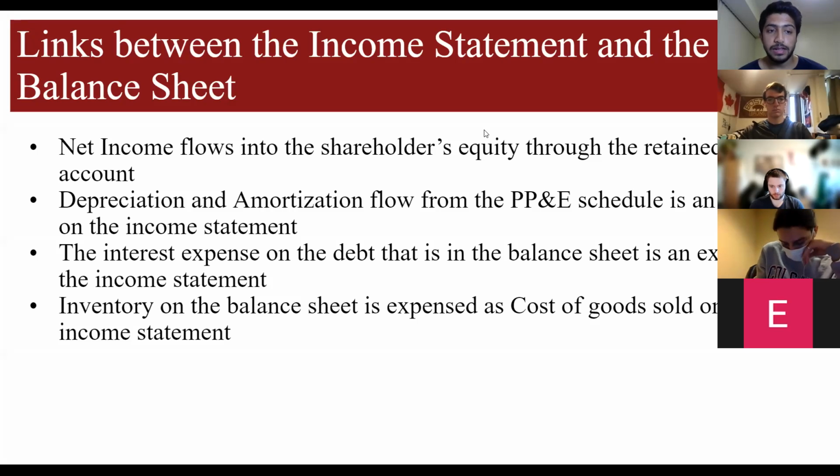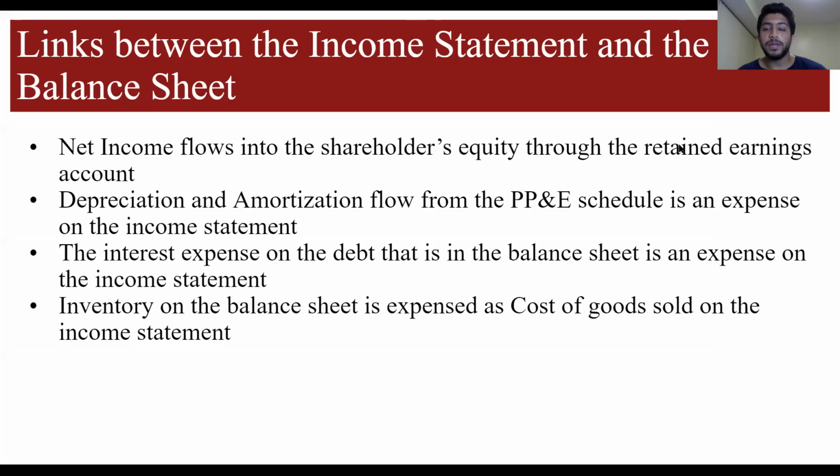So the second link is that the depreciation and amortization flow from the PP&E schedule on the balance sheet, but it is an expense on the income statement. So there are two basic terms here.